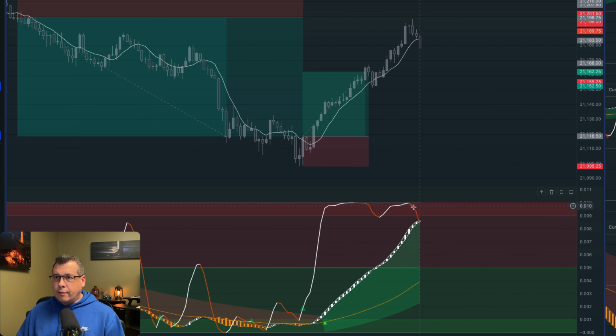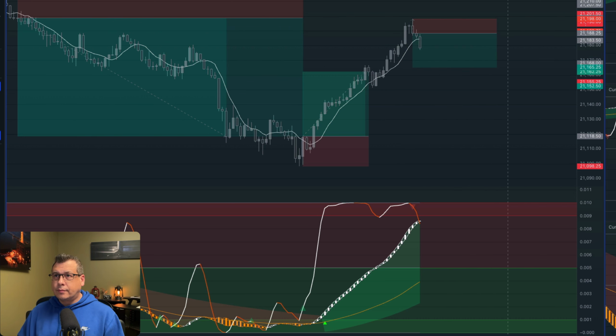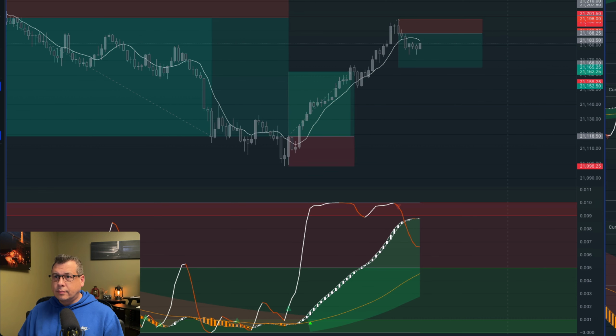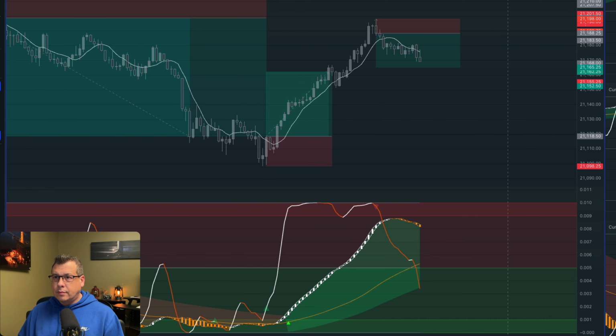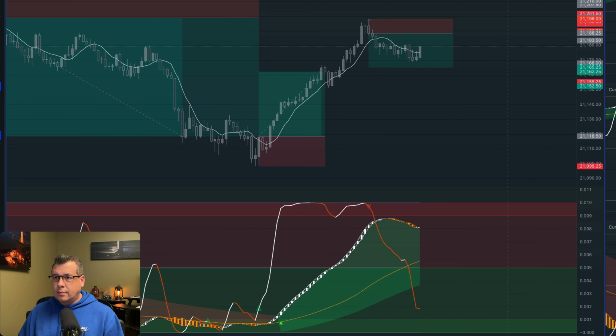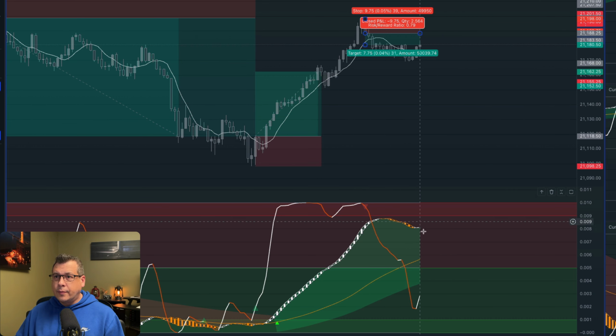This is our first lower high from the power zone, so technically you could have gone short right here. And that is an exit signal, tick up from the green zone with a positive delta.